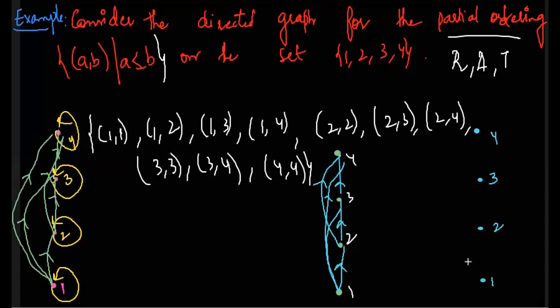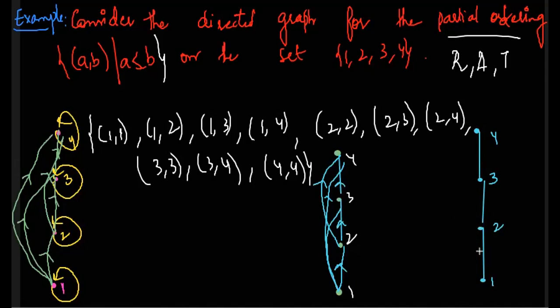So we don't need this one. Next, if we have a relation from 2 to 3 and also from 3 to 4, then we don't need the 2 to 4 relation.